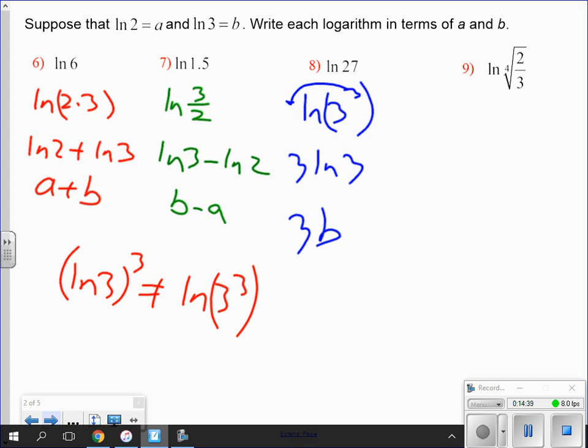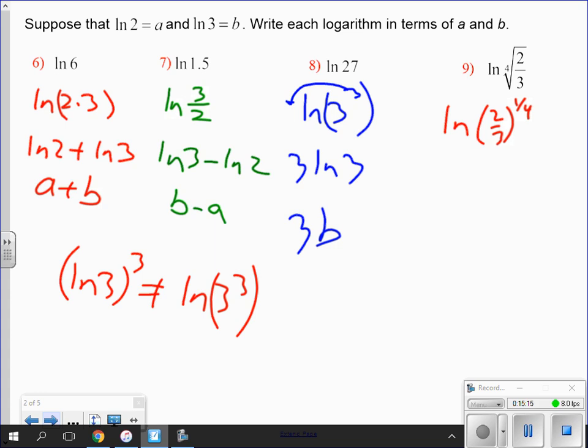This one's a little goofy. What I would do first is get rid of the radical. Rewrite the radical as an exponent. So this is the natural log of 2/3 to the 1/4 power. What can I do to my exponent?